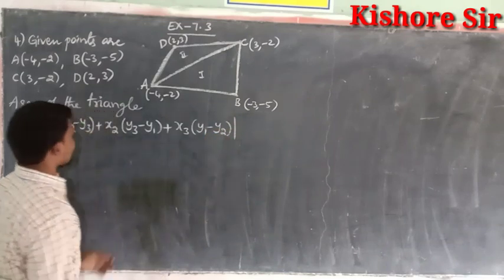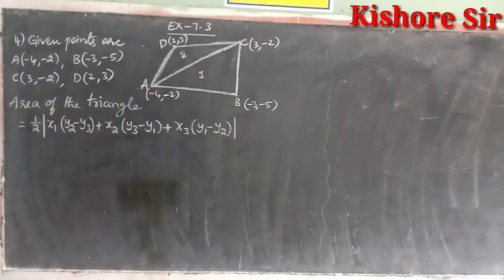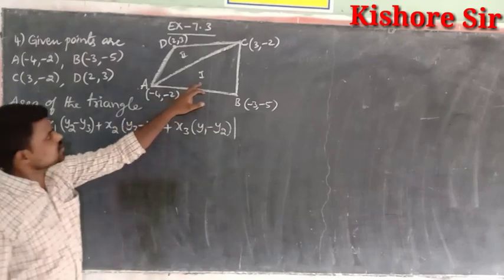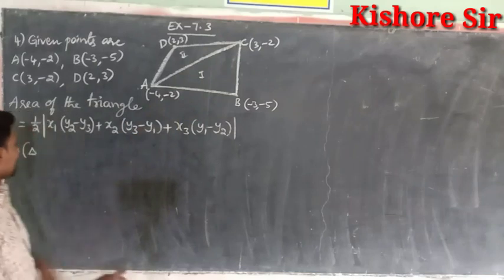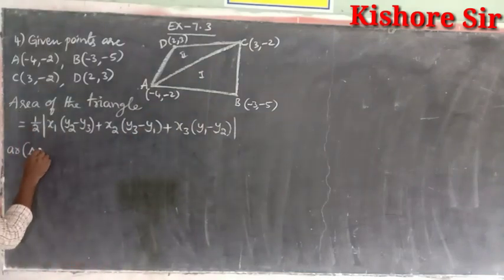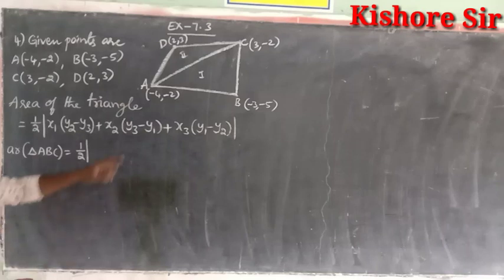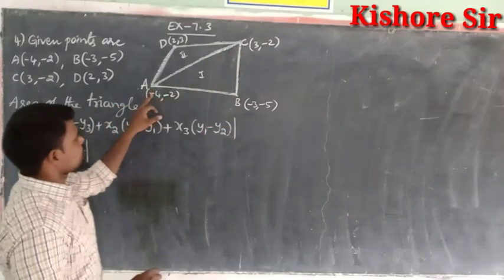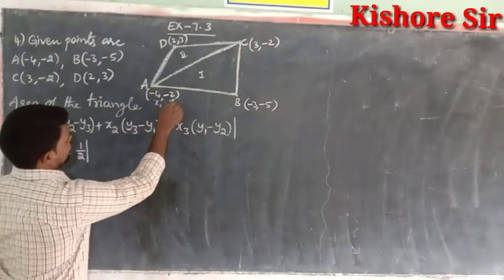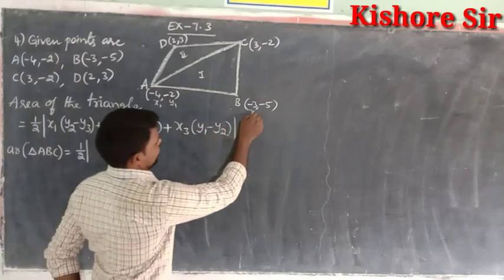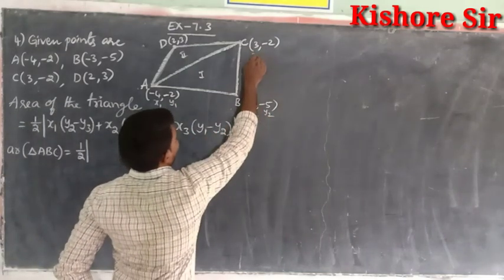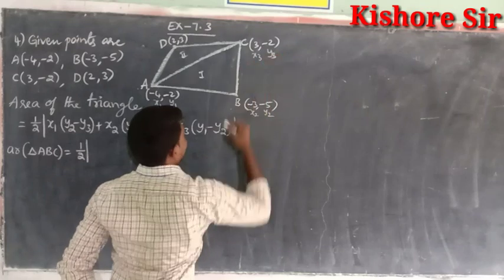This is the formula for area of the triangle. Now, the first triangle is ABC. Area of triangle ABC is equal to 1 by 2 modulus. For ABC, the first point we take as (x1, y1), the second point (x2, y2), and the third point (x3, y3).